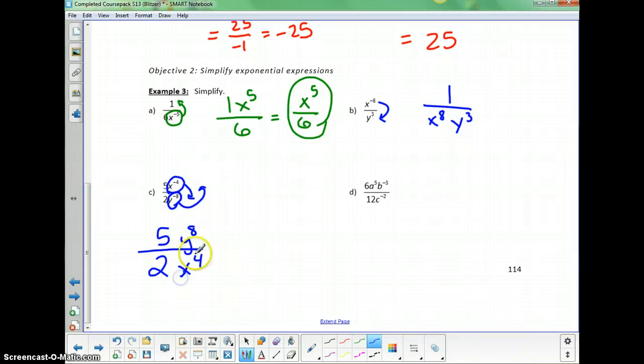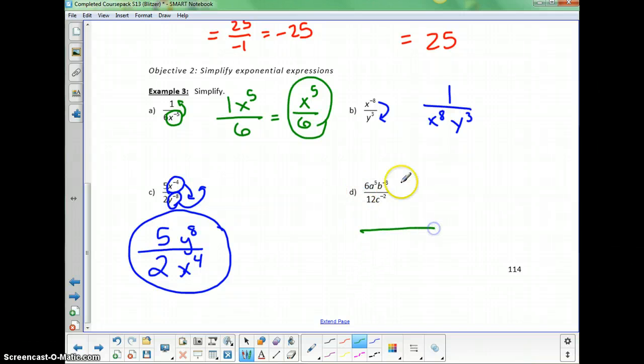Okay. These are different letters, so I can't reduce them with each other. I can't reduce those numbers, so that's done. Right, and let's look at the last one here. Okay, 6 and 12 do reduce, so I'm going to call that 1/2. A to the 5th won't move.